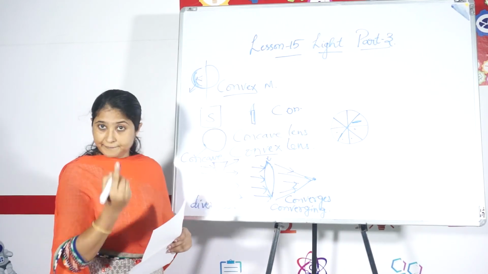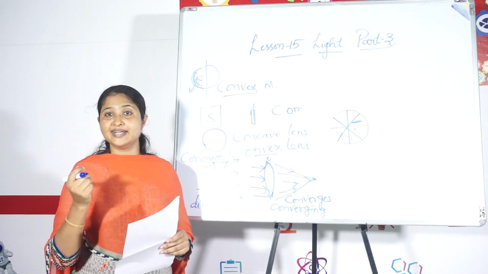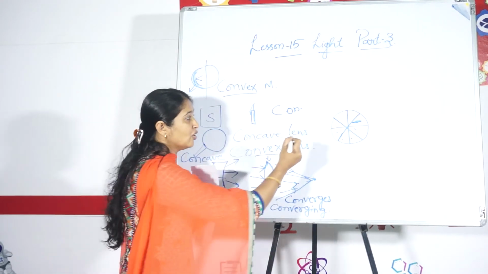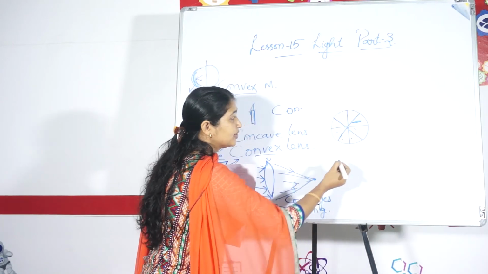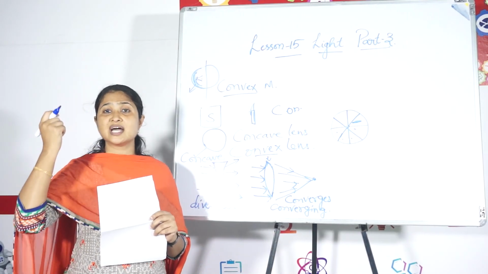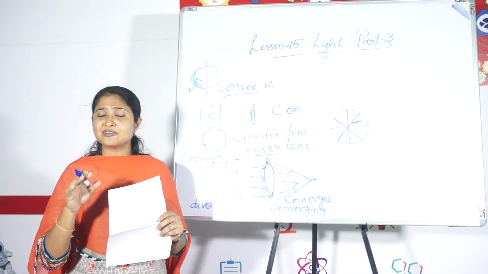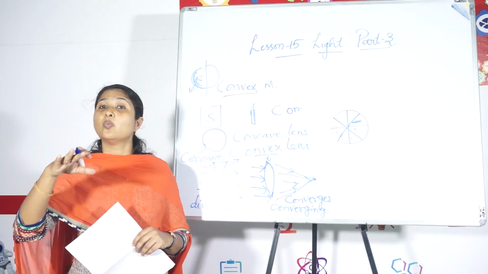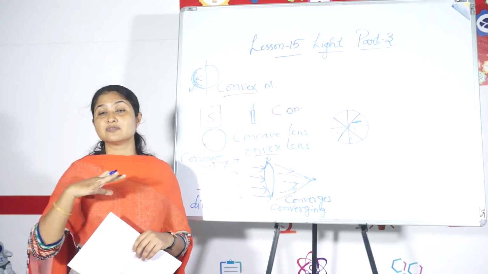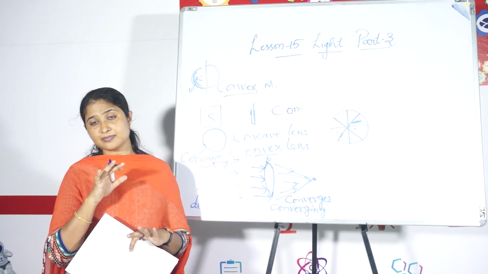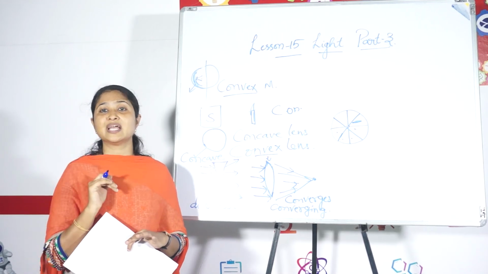Now put it on a pin and rotate it. This is called Newton's disc. So put a small hole in the middle and put it on a pin or a sharp object, and start rotating it. After some time, when it is rotating fast, you can see only white. All the colors will merge and you can see only the white paper.